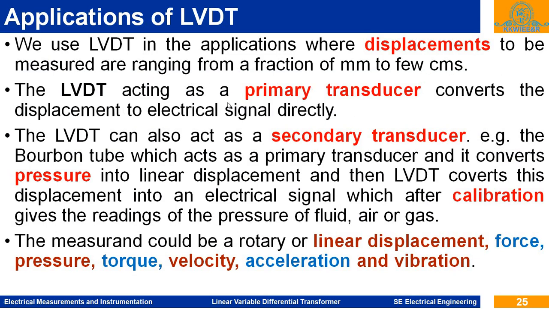The LVDT acts as a primary transducer that converts displacement to an electrical signal directly. The LVDT can also be used as a secondary transducer, for example with a Bourdon tube or diaphragm.